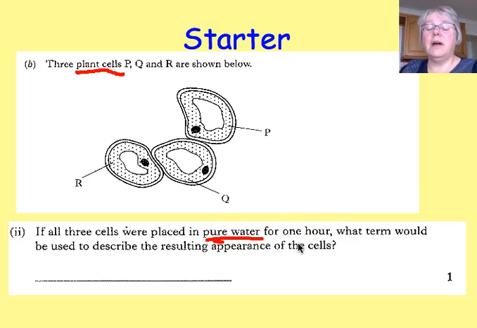Now if you think back to the part where we talked about plant cells in water, if they're placed into pure water, water will move from the pure water, the high water concentration outside, into the cell and then into the vacuole, and the cell will start to swell up, and the term that we use for that is turgid.